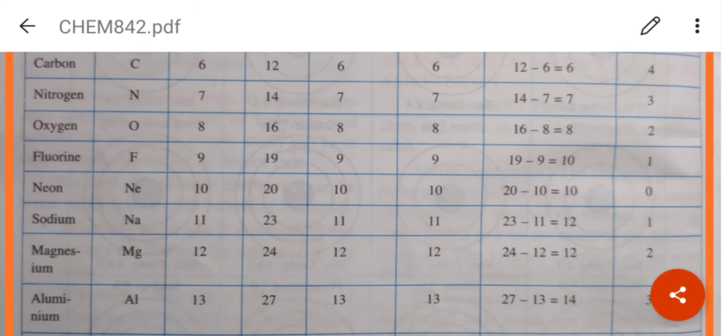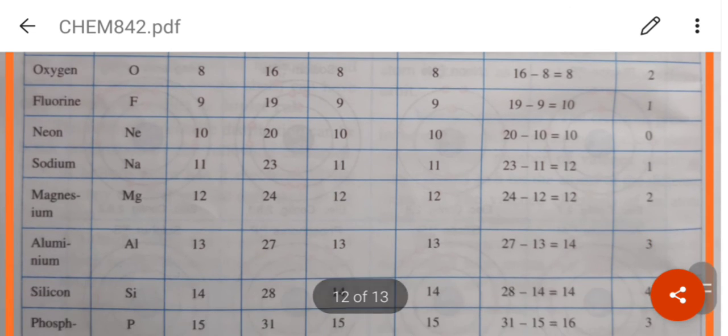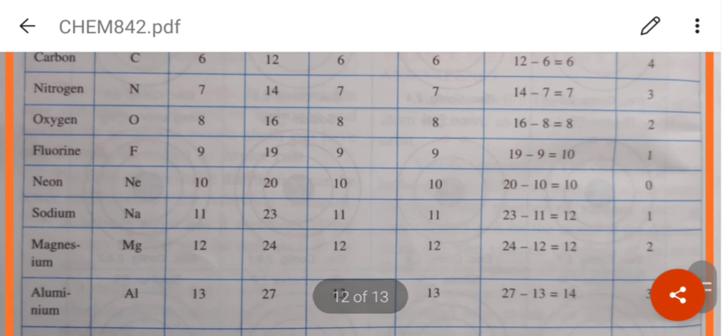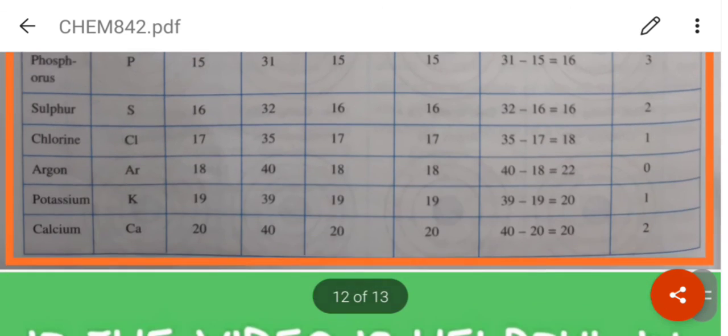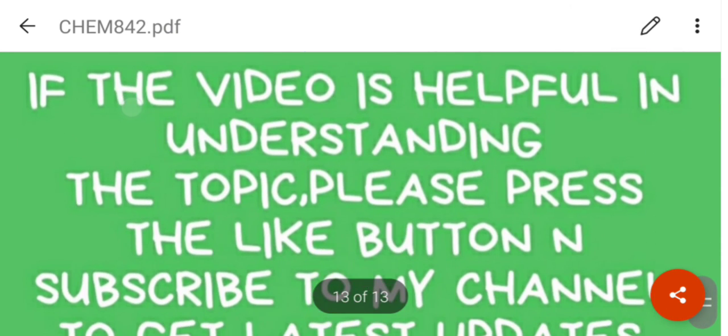So neutrons will be 23 minus 11, that is 12. And its valency will be 1, because its electronic configuration is 2, 8, 1. So the valence electron is 1, hence its valency is also 1. Okay. Thank you.